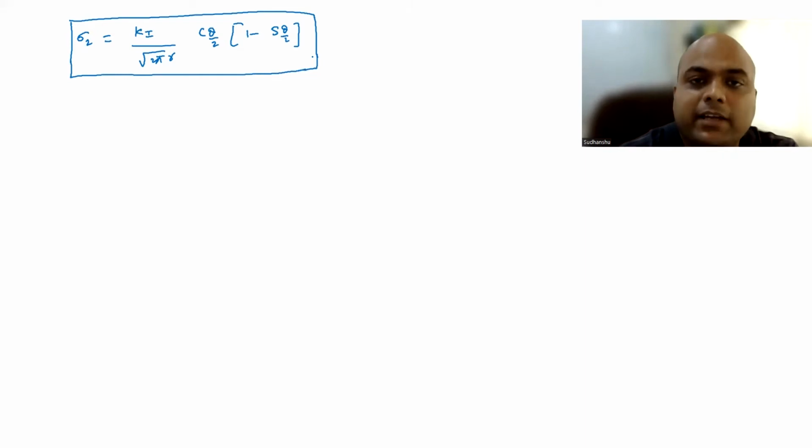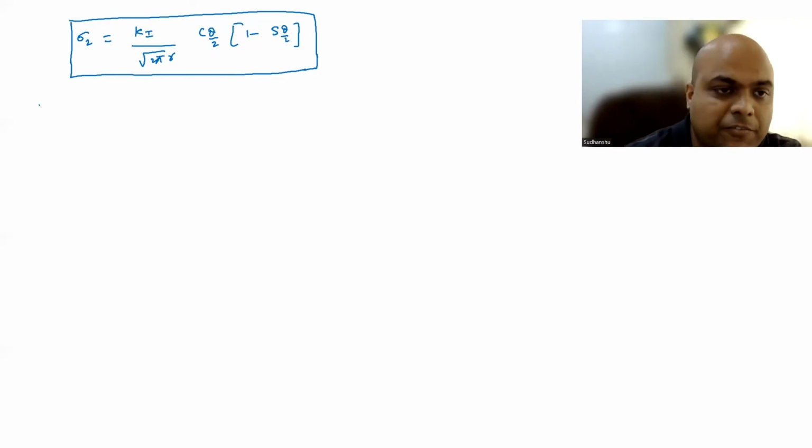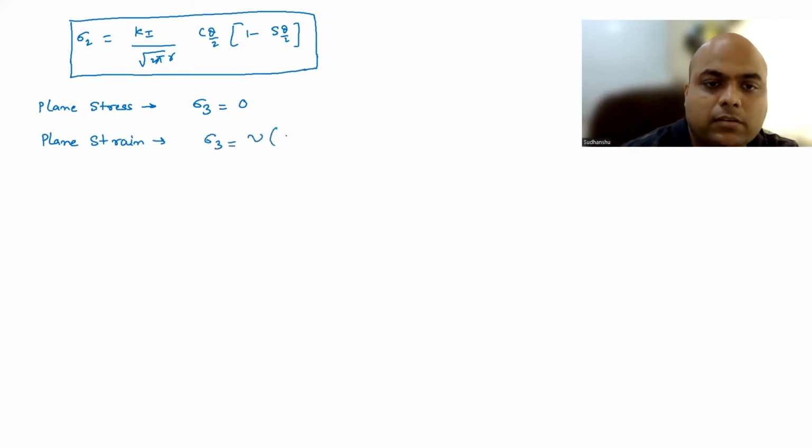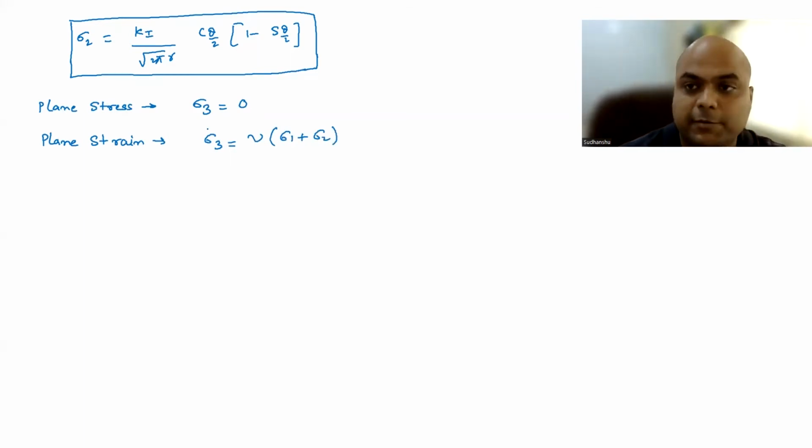Now, if you want to apply Tresca criteria and von Mises criteria, we have to know what is sigma 3, right? And sigma 3 values are going to vary depending upon the condition, whether it is plane stress or plane strain. We have discussed that, right? So if it is plane stress, sigma 3 is going to be 0. And if it is plane strain, sigma 3 is going to be Poisson's ratio times sigma 1 plus sigma 2.